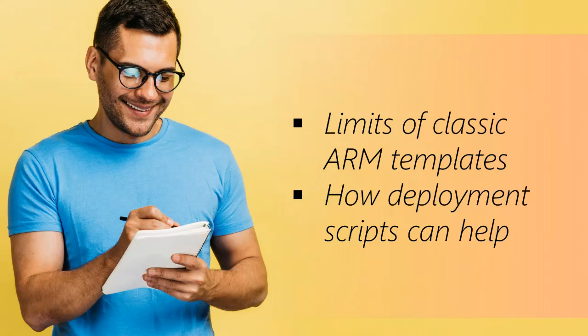There's limits. And this is exactly where deployment scripts come into play, because they actually fill the gaps where we just cannot get to our goal by using plain ARM template code. So first we talk a little bit about limits, and then we mainly focus on solutions using deployment scripts.